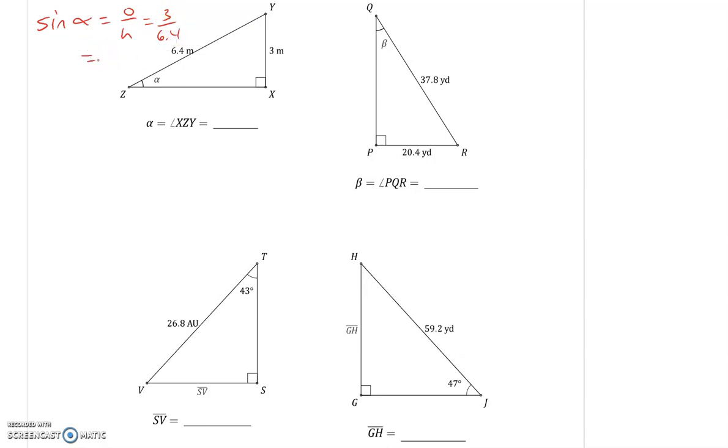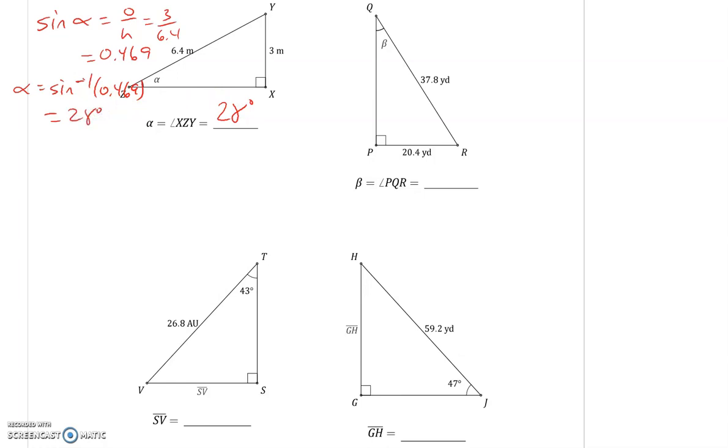So I'm going to divide those out: 3 divided by 6.4 gives me 0.469. So then my alpha is going to be the inverse sine of that 0.469. If I inverse sine the decimal that I got, I'll get an angle of around 28 degrees.